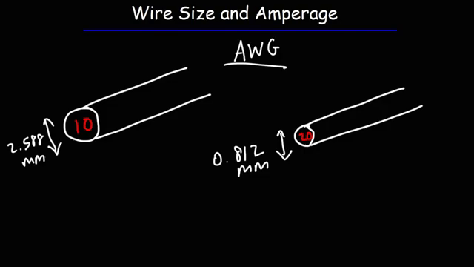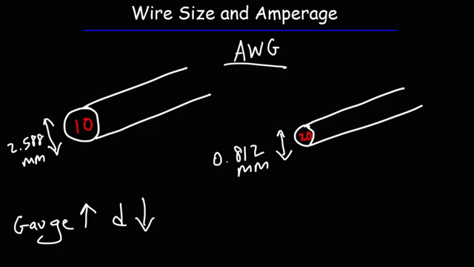So as you can see, as the wire gauge increases in number, the diameter, or the size of the wire, decreases. So these two are inversely related.